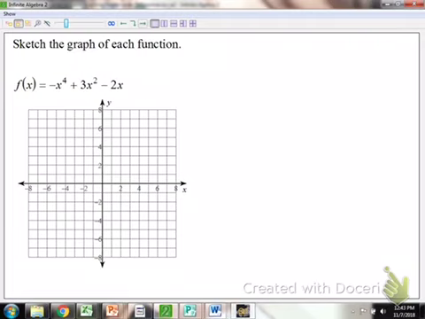What we have to do here is create a function that has a constant. So what I would do is factor out a negative x, because x can be factored out of all these things. That's going to give me this right there, I believe.